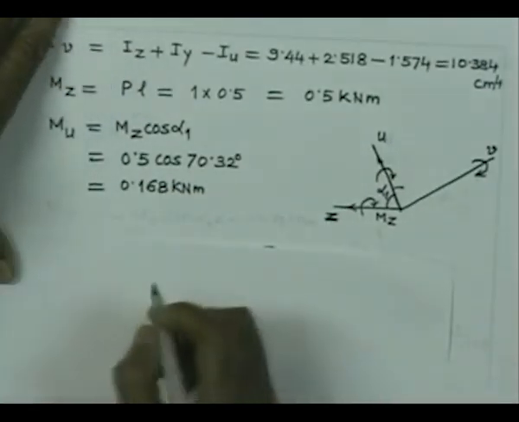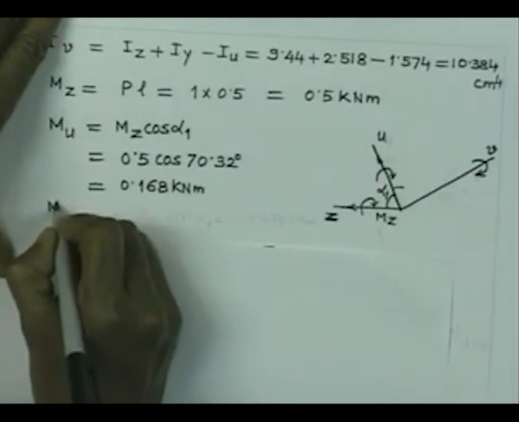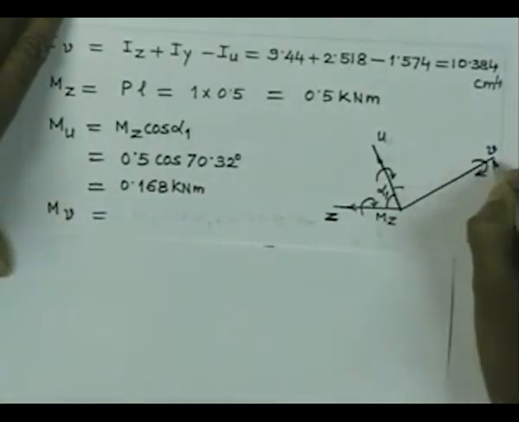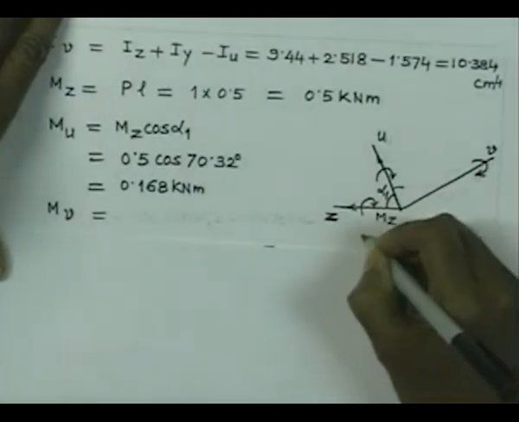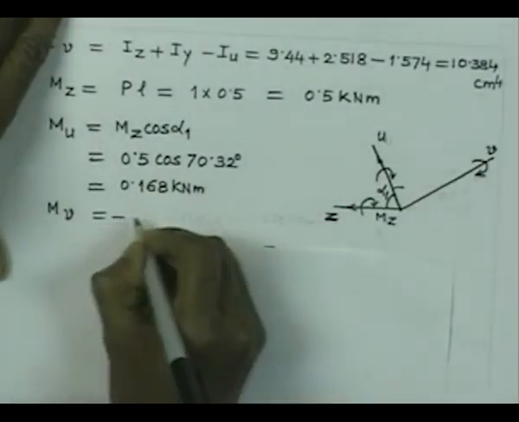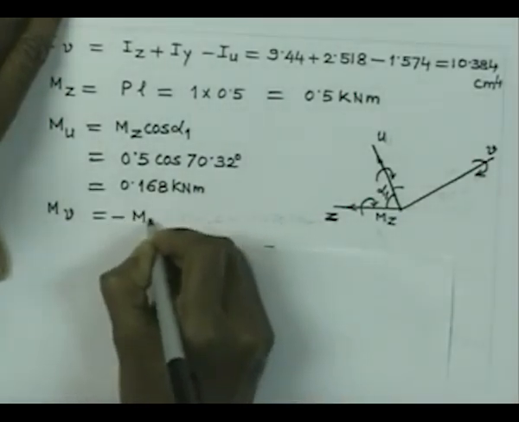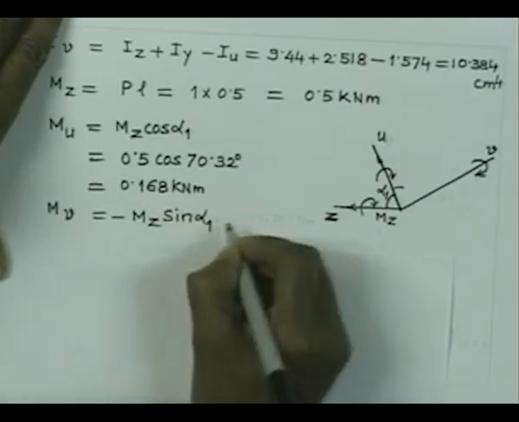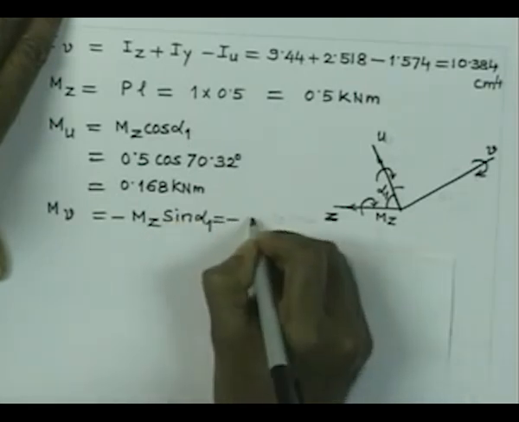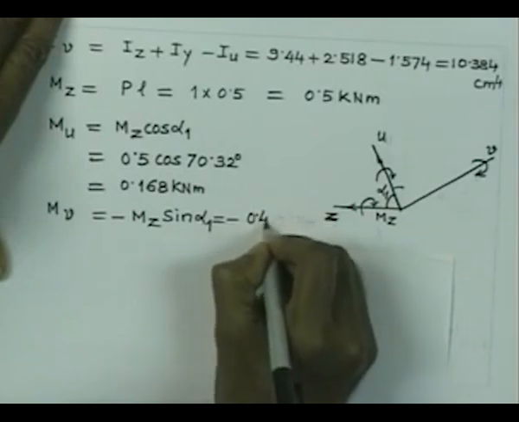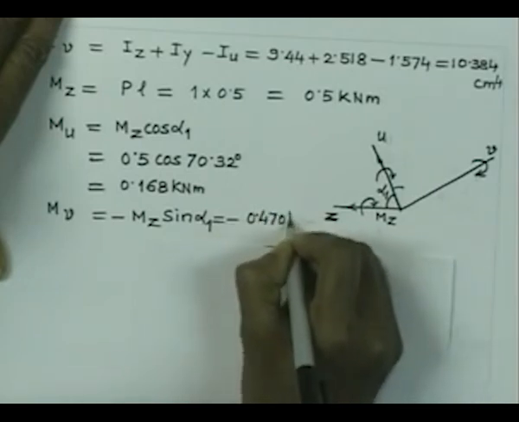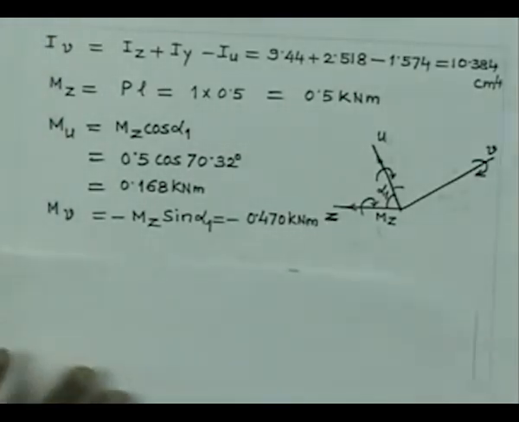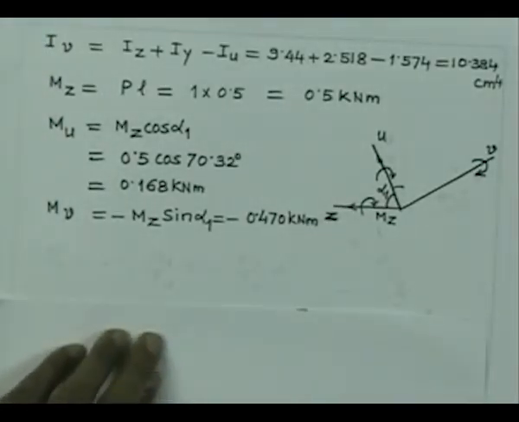Similarly, Mv is going to be, my positive v direction is this, but this moment is going to be pointed this way. So, therefore, it must be negative, and therefore, it is Mz sin alpha 1, and this gives us minus 0.47 kilonewton meter. So, these are the moments.